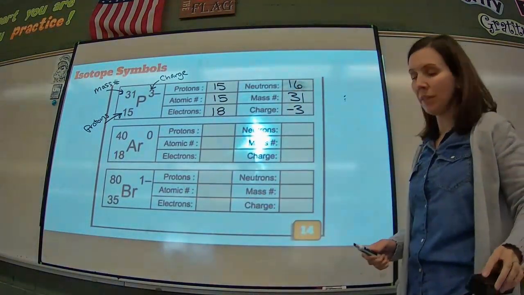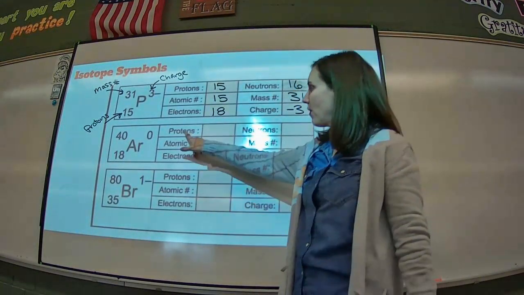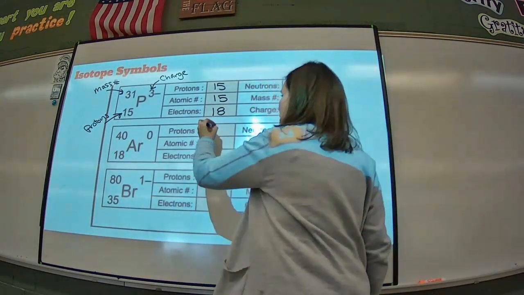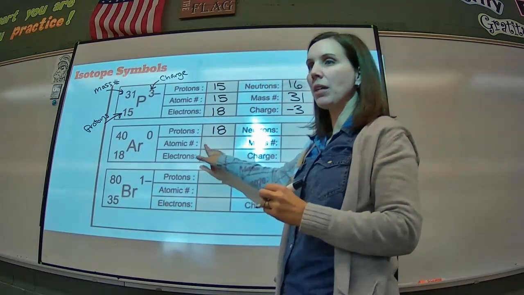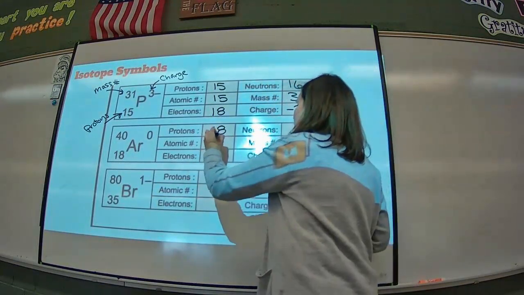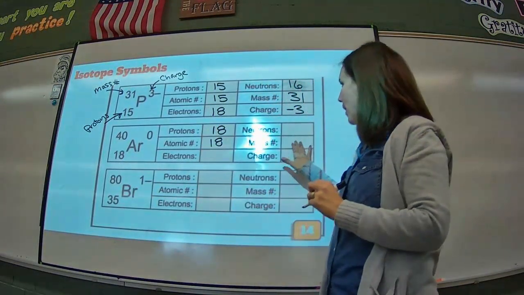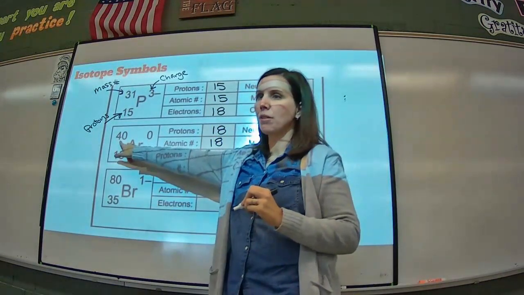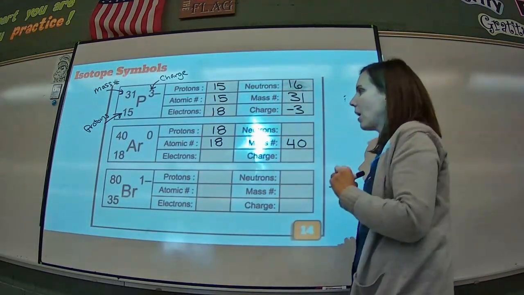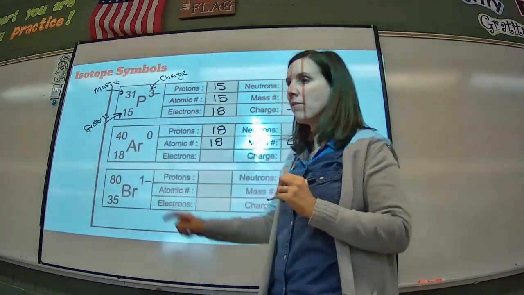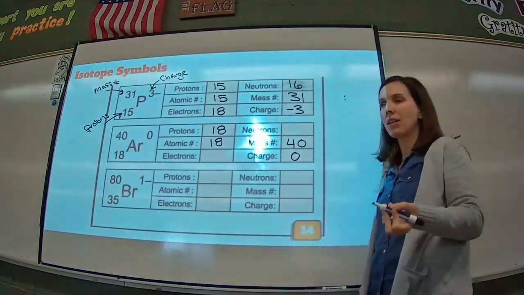So coming down here, protons, again, is the bottom number, so that's 18. Protons and atomic number are always the same, so that's also going to be 18. My mass number, super easy to get, it's up here in the corner, is 40. Okay. My charge is 0, so I'm going to put 0, so it's not positive or negative.